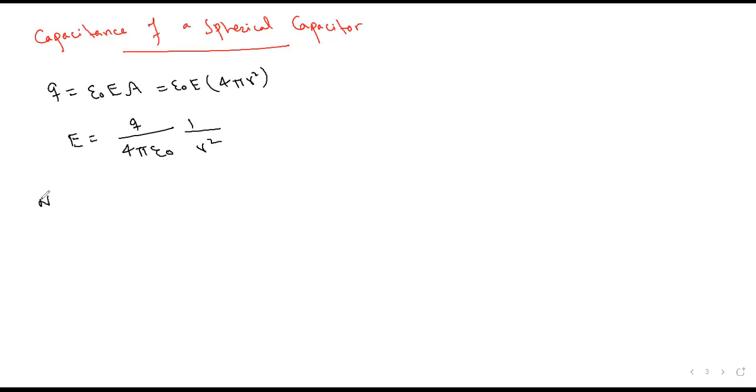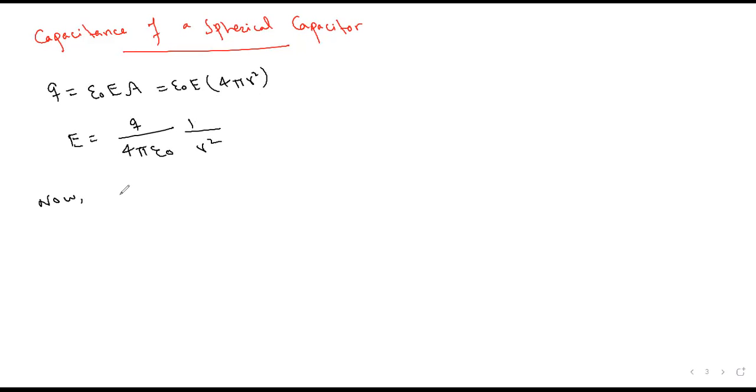So since Q will be epsilon naught EA, and in this case A will be 4 pi r square. Let's just draw the radius of the Gaussian surface, or any sphere, the radial element, and E will be Q over 4 pi epsilon naught 1 over r square.